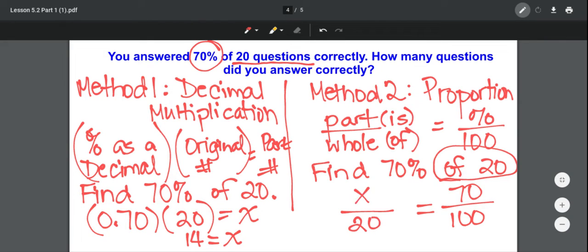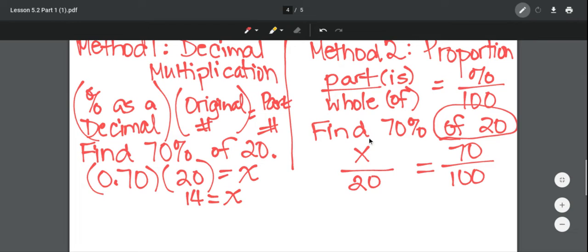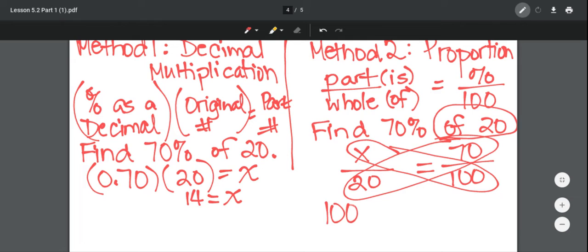On our top, we would put x for the part, or for is, because we don't know yet what 70% of 20 is. So let's cross multiply, and we get 100x is equal to 1,400.